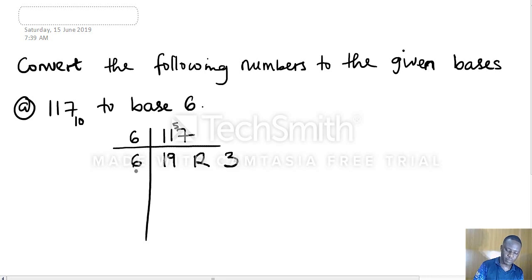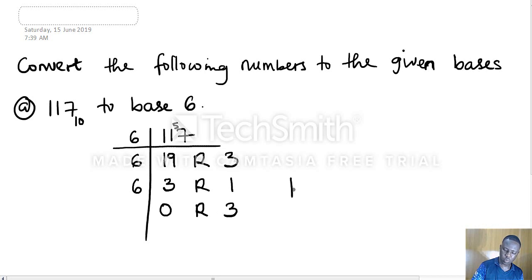Also, you keep dividing. 6 into 19 is 3, remainder 1. 6 times 3 is 18. 19 minus 18 is 1. 6 into 3, it cannot. So this becomes 0, remainder 3.